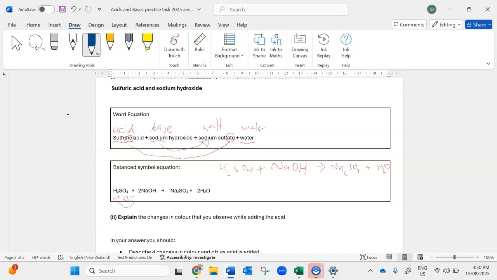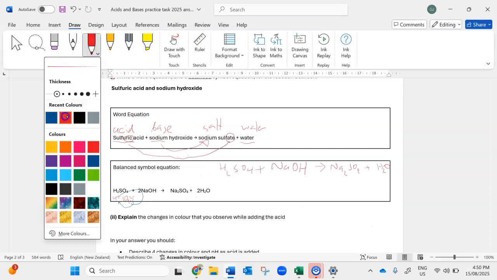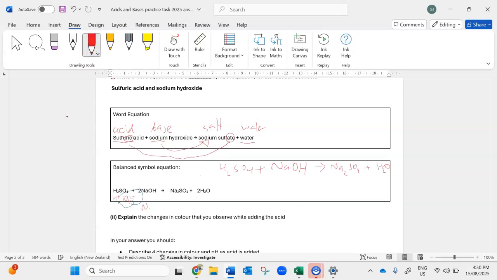Swap and drop, the 2 goes there, the 1 goes there, and so I end up with H2SO4. Sodium hydroxide. Sodium ions are 1+, hydroxide ions are 1-. They balance, so I get NaOH.